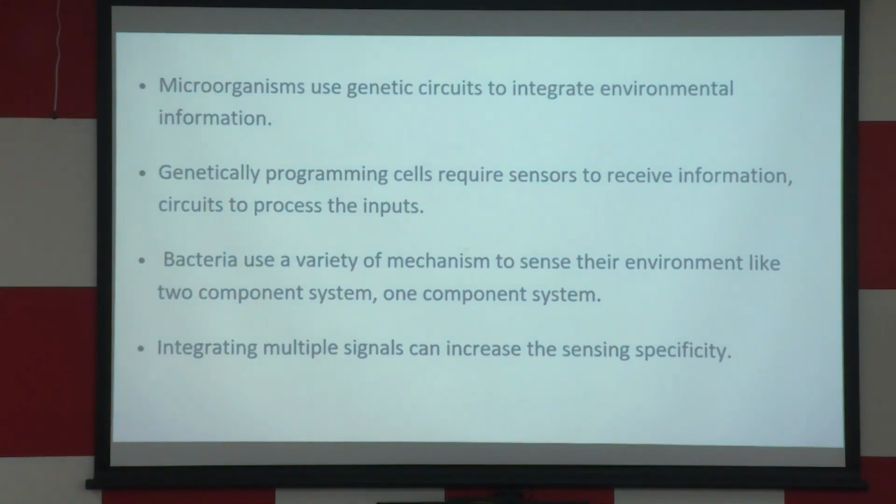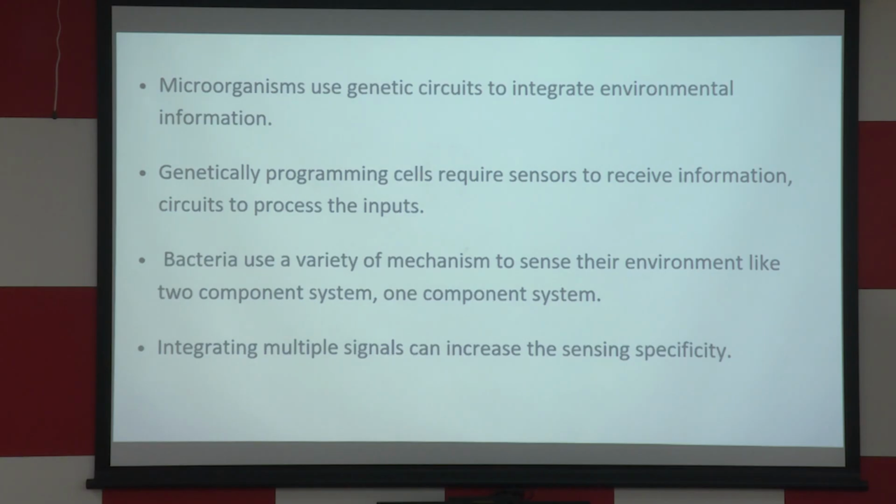It's the same as how we have ears to hear a speaker and get the direction of a sound, or eyes to see where something originates. So they require sensors for receiving information and circuits to process the inputs.